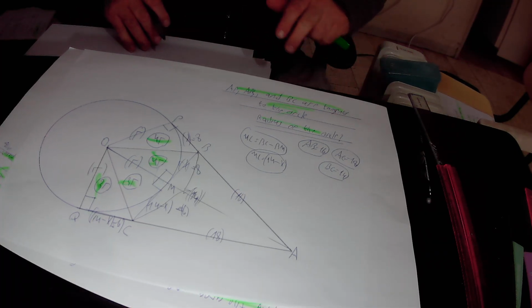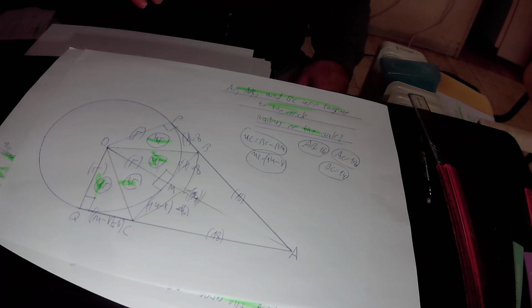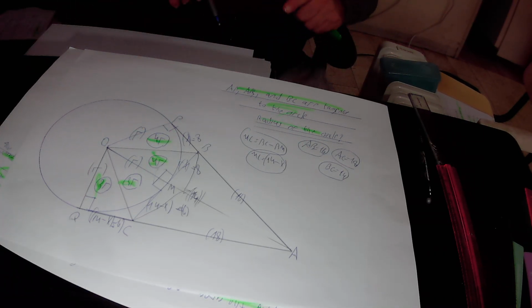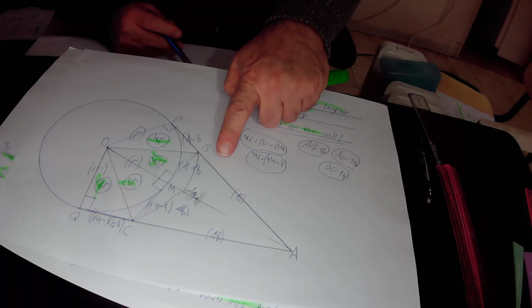So in the next step, the only missing part that we have in order to find out the area of this quadrangle APOQ is this triangle ABC.